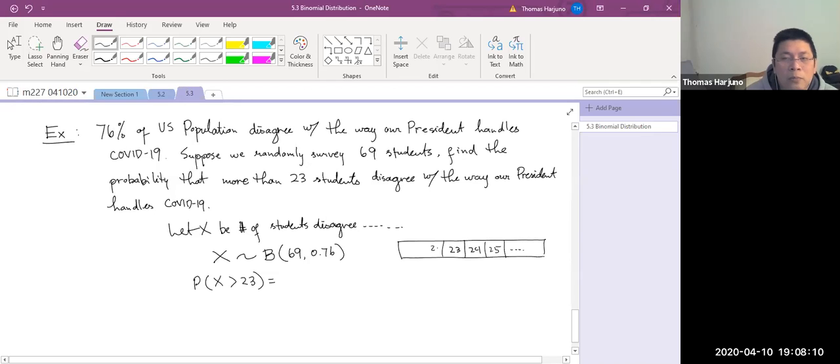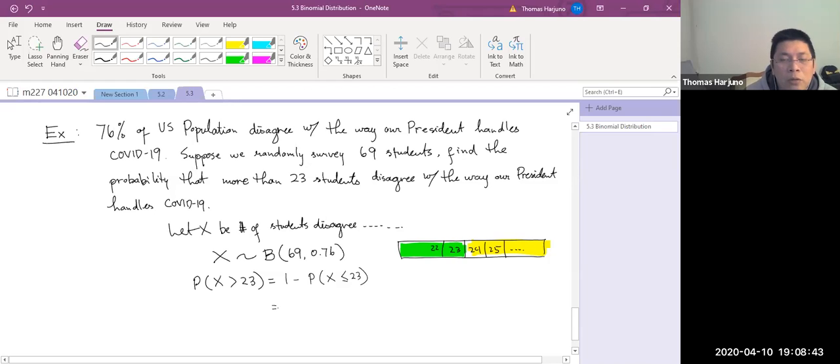Now the complement of more than 23 is at most 23. So I strongly suggest you draw this diagram here. More than 23 starts from 24, so the complement will be up to 23. So 1 minus the probability that X is less than or equal to 23.